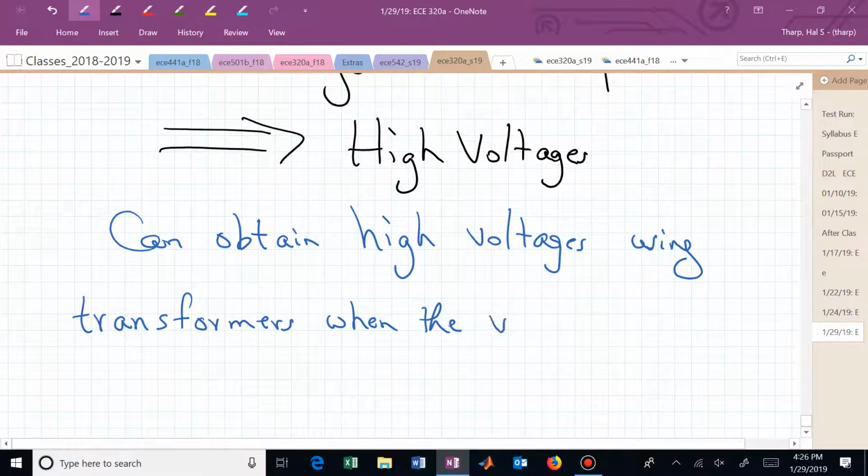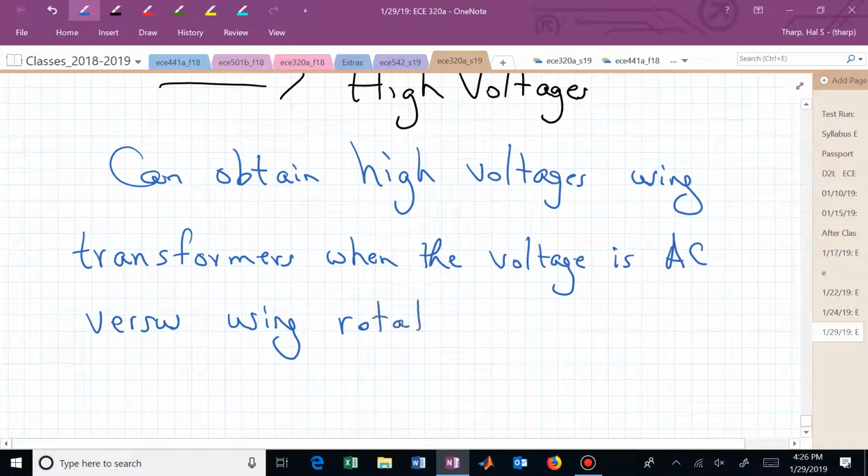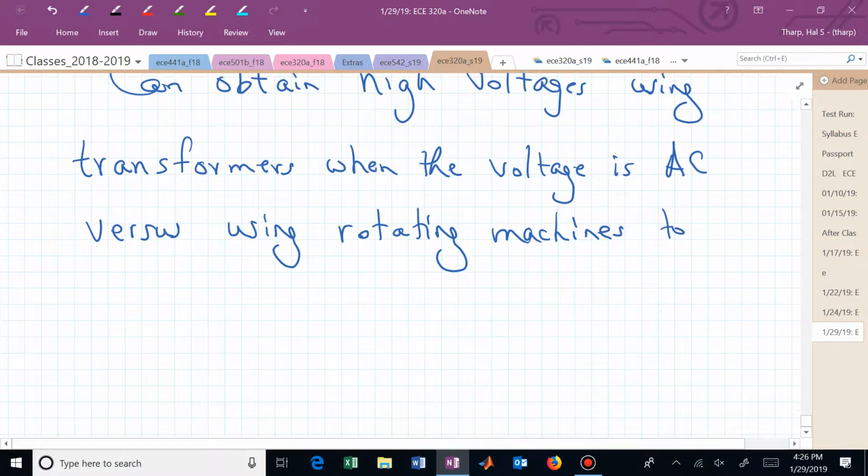when the voltage is AC, versus using rotating machines, which are much more involved, complex and expensive, to raise and lower voltage for DC voltages.